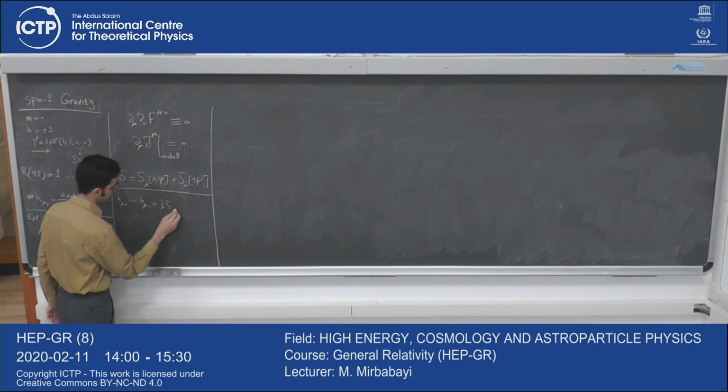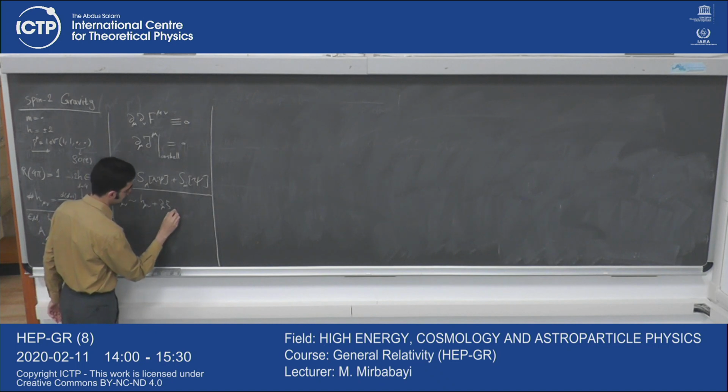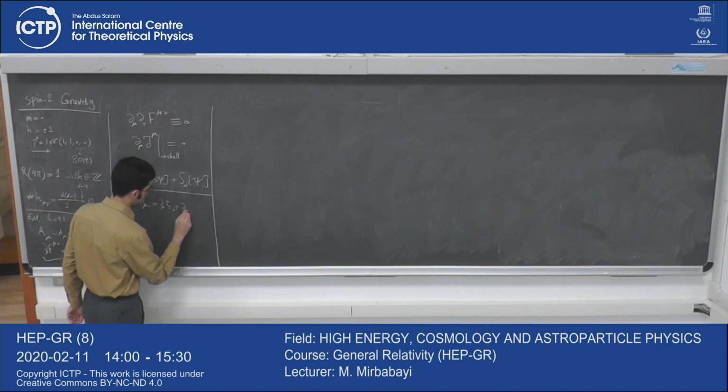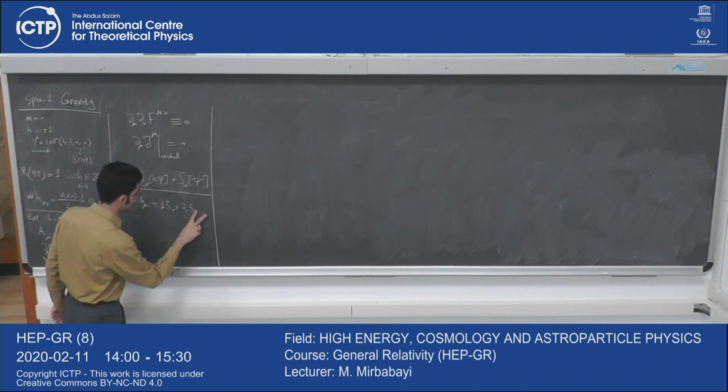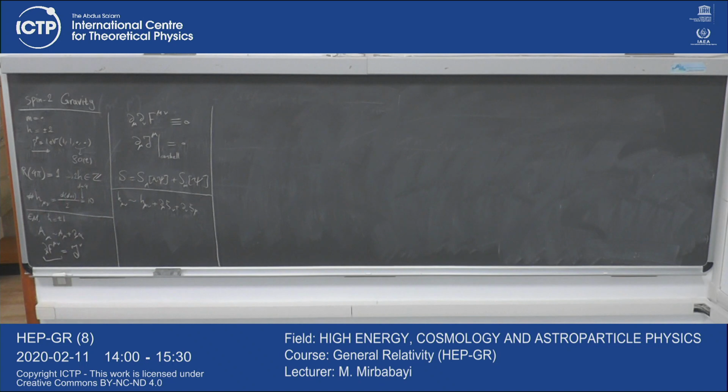Now the gauge parameter, which I call xi mu, is a 4-vector. There are 4 arbitrary functions. And we construct a theory that is invariant under this larger gauge symmetry.